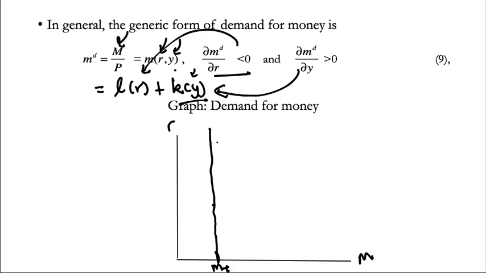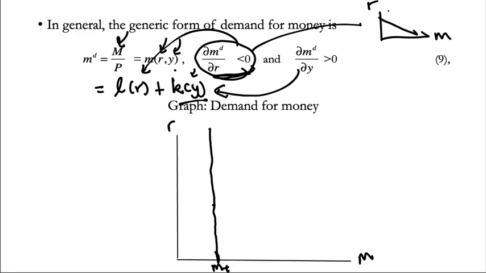And what about the speculative money demand? Let's add the speculative demand for money to this graph. And remember, the relationship between speculative demand for money and interest rate is negative, or less than zero. That means the speculative money demand should be downsloping, isn't it?